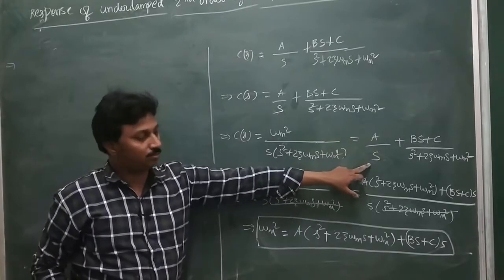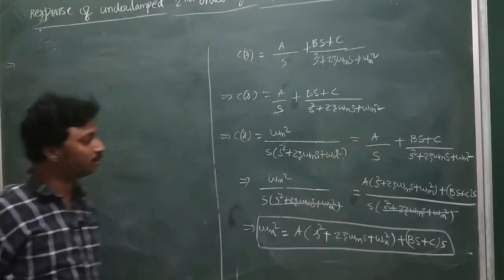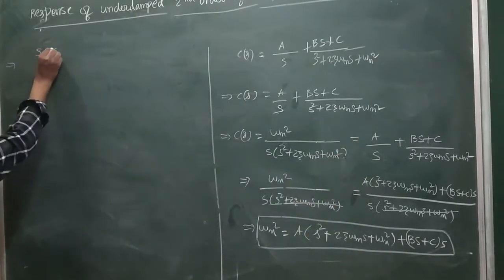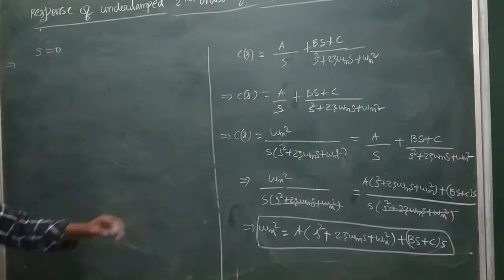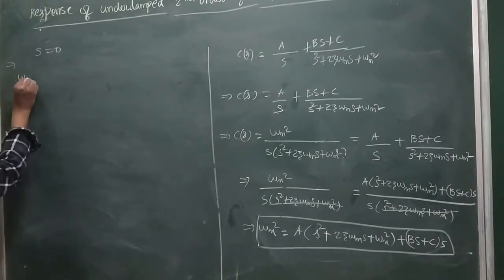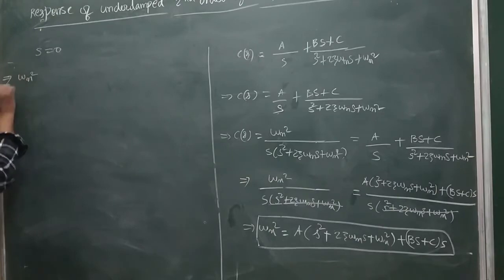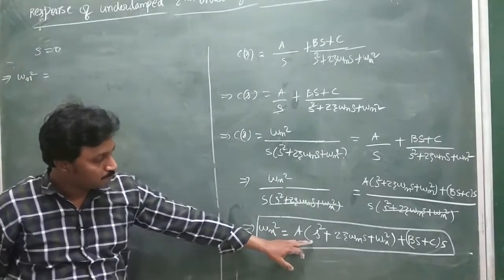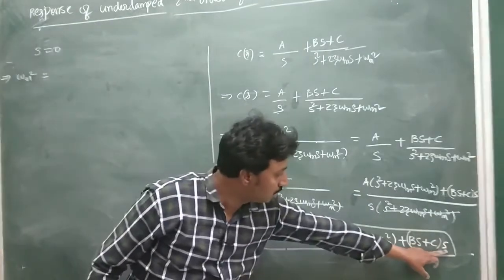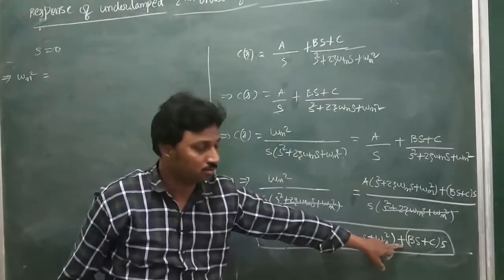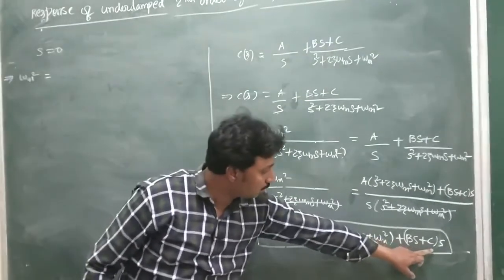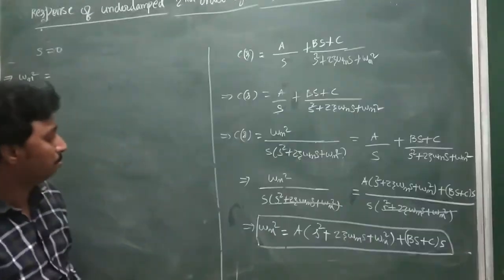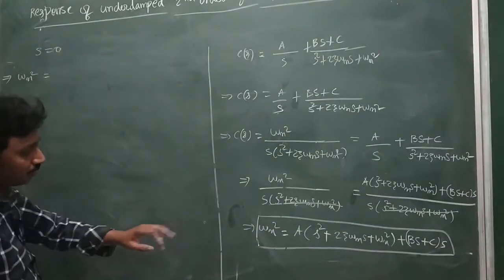To find the A value, substitute s is equal to 0. When you substitute s is equal to 0, you will get omega n square on the left side. On the right side, this whole term becomes 0. So what is left?